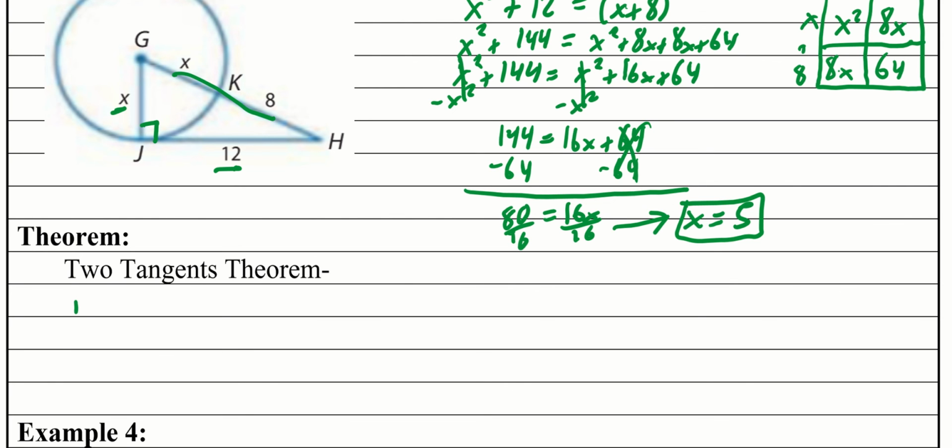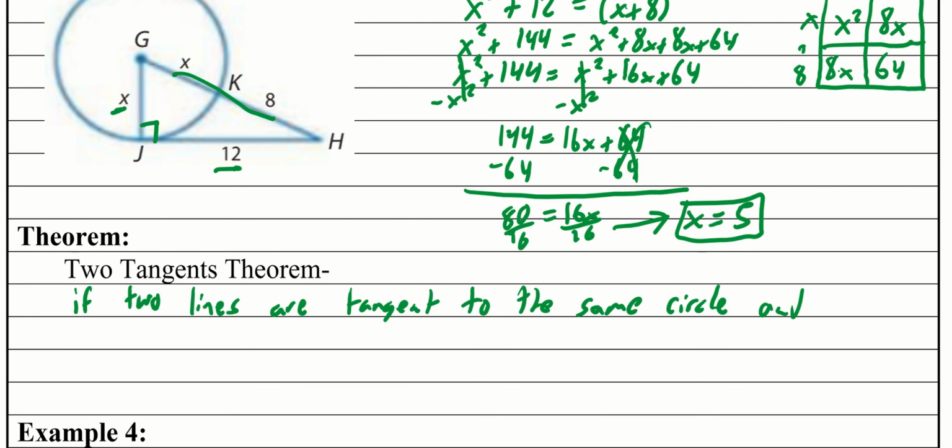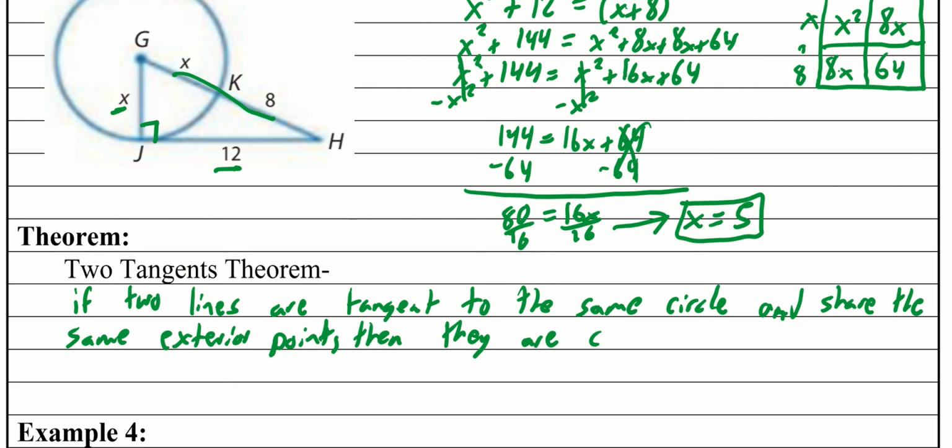If two lines are tangent to the same circle and share the same exterior point, then I can say they are congruent, or in other words, they are the same length.